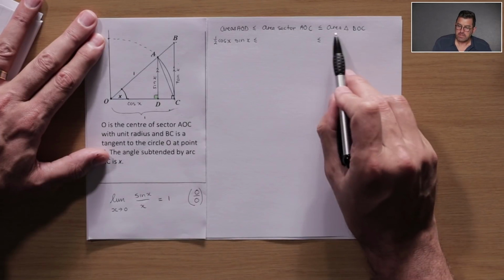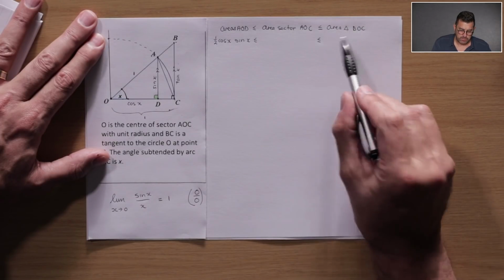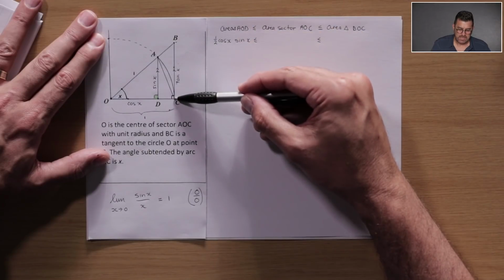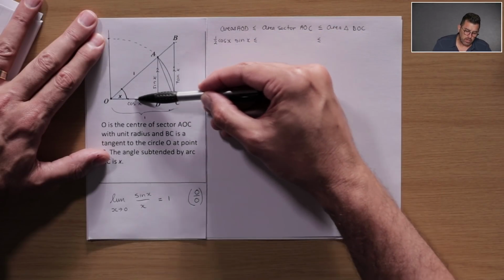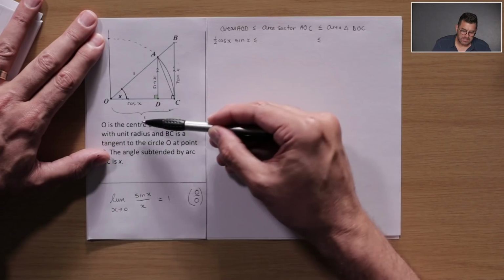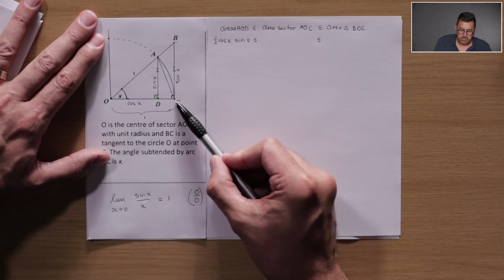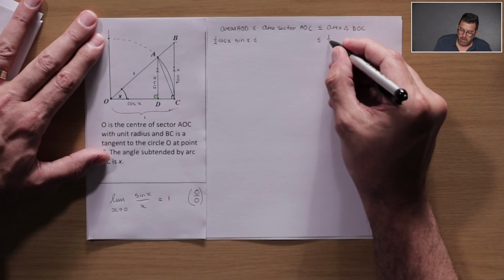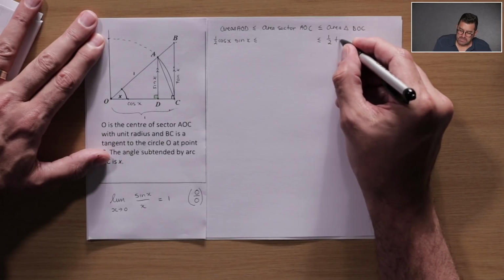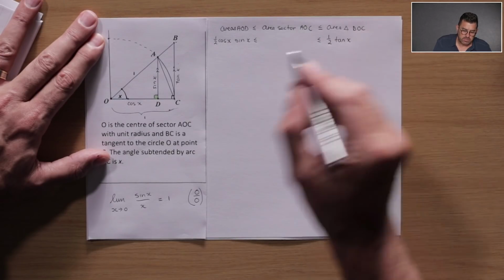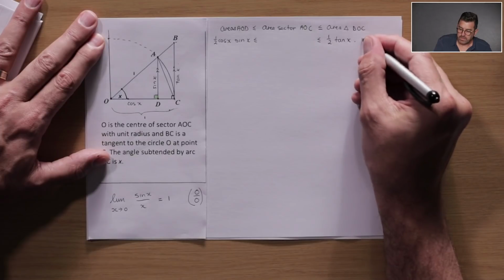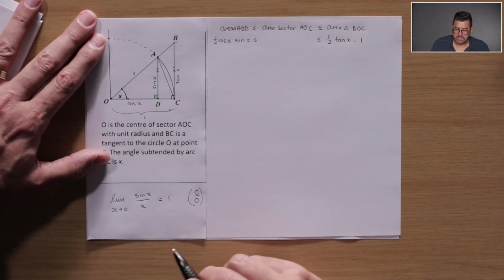But now look at how strategically clever I'm going to be. I'm going to use this as my base because I know the height, O to C, is 1. It's a unit circle. So this again is half base, and the base is tan x multiplied by the 1. So it stays half tan x.